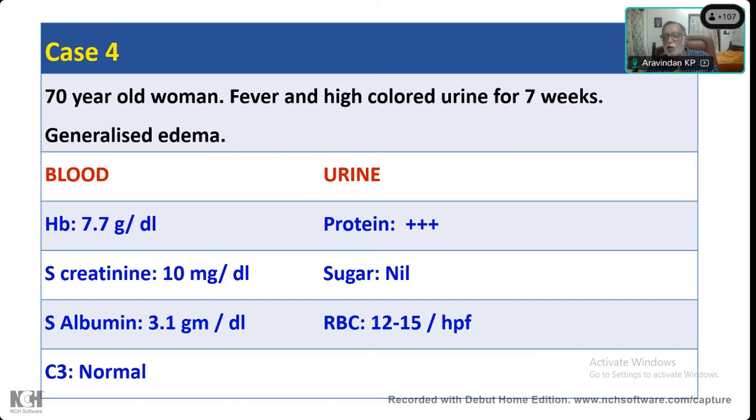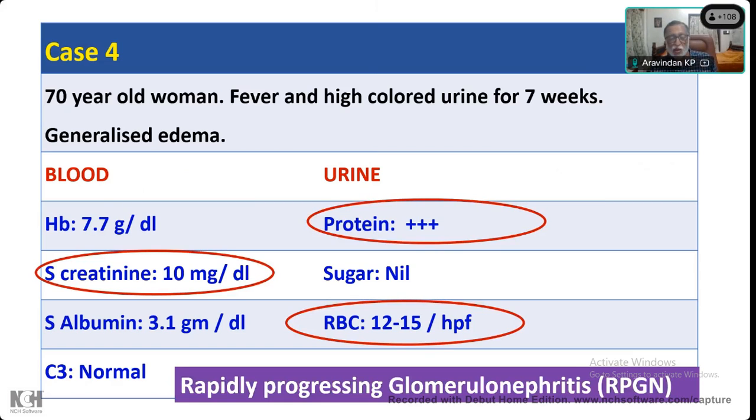What do you call this clinical picture in which in a matter of weeks a patient goes into renal failure after having high-colored urine and urinary symptoms? This is what is called a rapidly progressive glomerulonephritis.